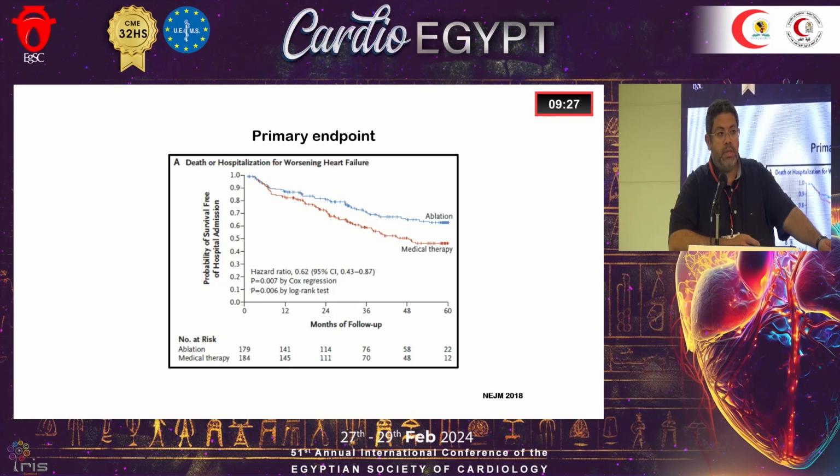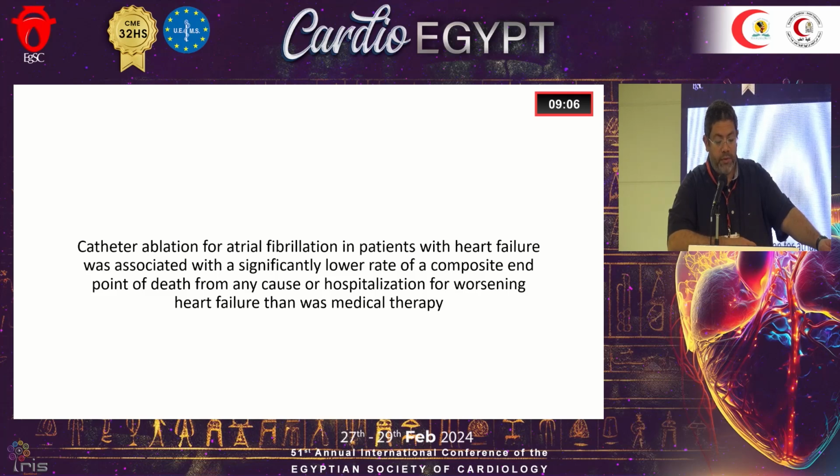This study showed a benefit towards the rhythm control strategy, catheter ablation, as compared to medical treatment. So this is the first group of patients where we actually find a benefit in terms of hard endpoints when it comes to a rhythm control strategy. The investigators concluded that catheter ablation for AFib in patients with heart failure was significantly associated with a lower rate of the composite endpoint of death or hospitalization.